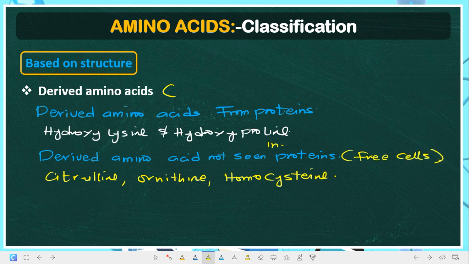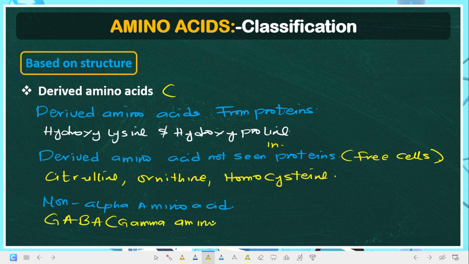That's for that classification. Then we have the non-alpha amino acids under derived. Under the non-alpha amino acids, we have an example: the gamma amino butyric acid, called GABA.